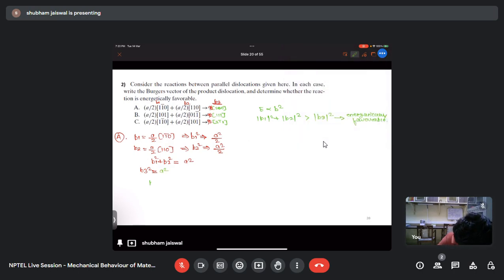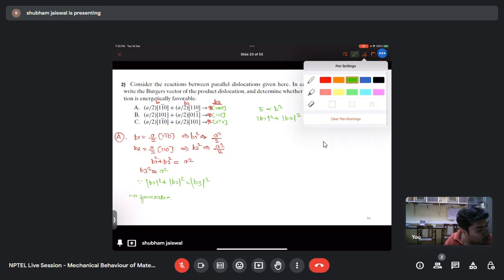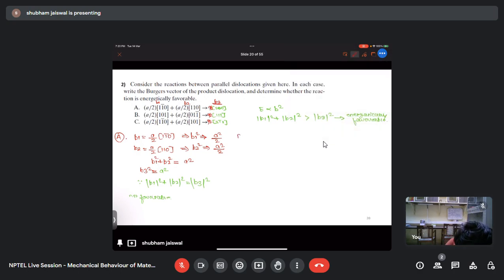So since b1 square plus b2 square is equal to b3 square, this reaction will not be energetically favorable. So now do similar for the B condition.